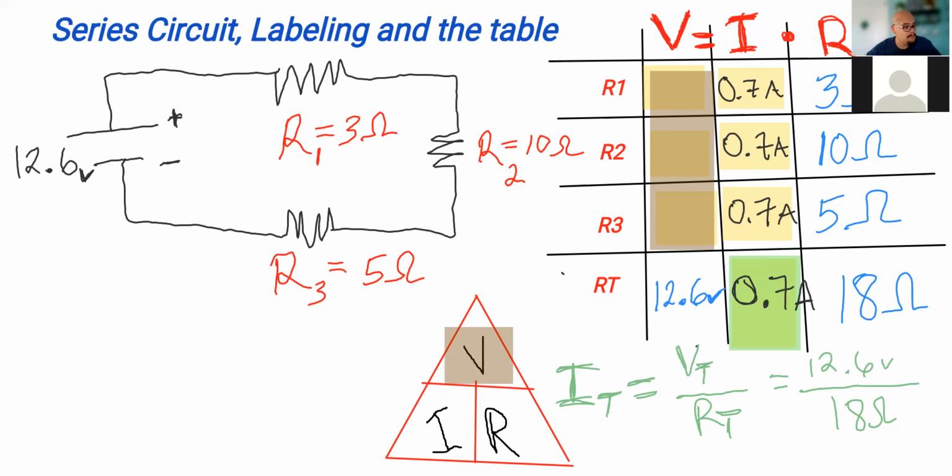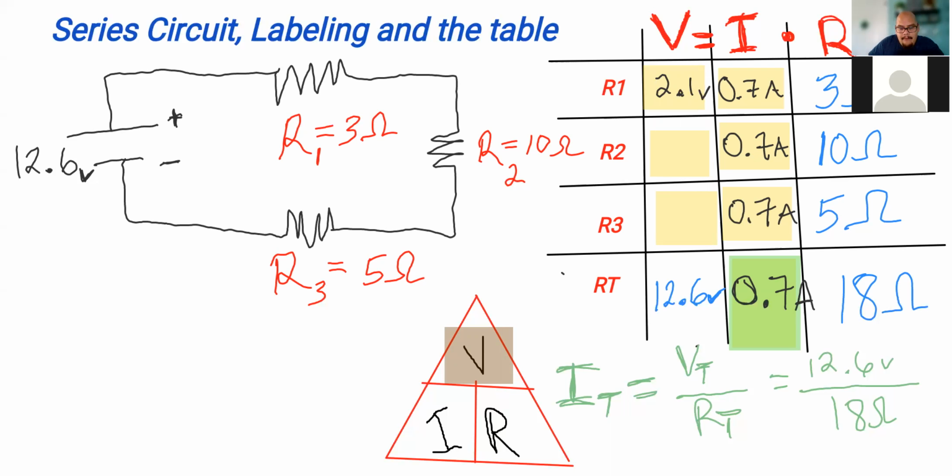So that means that I have to multiply 0.7 times 3. That equals 2.1. So that's what I'm going to write here: 2.1. 2.1 what?